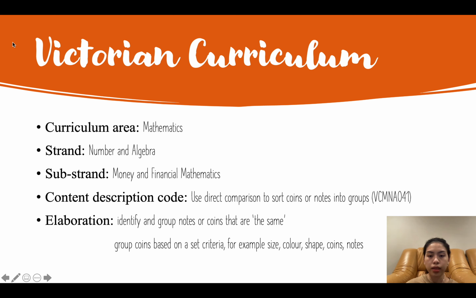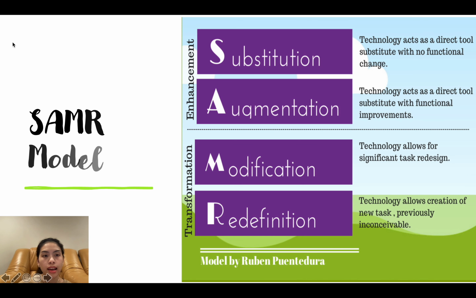The next part is how my project falls into the SAMR model, Bloom's taxonomy, and Gee's learning principles. The SAMR model is substitution, augmentation, modification, and redefinition.